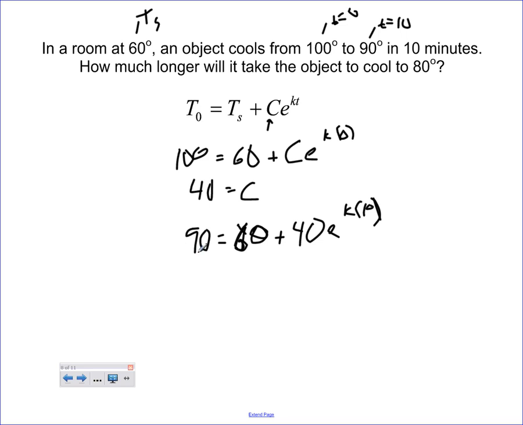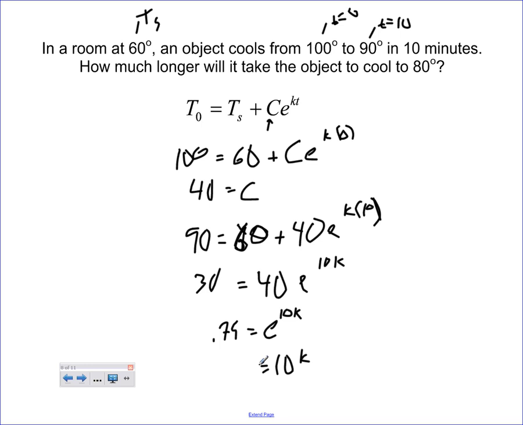Okay, subtract 60 from both sides, we get 30 equals 40 e to the 10k. Divide both sides by 40, I get e to the 10k equals 0.75. Through the power of natural logs, I'm going to get that 10k is equal to the natural log of 0.75, which I will quickly calculate for you.